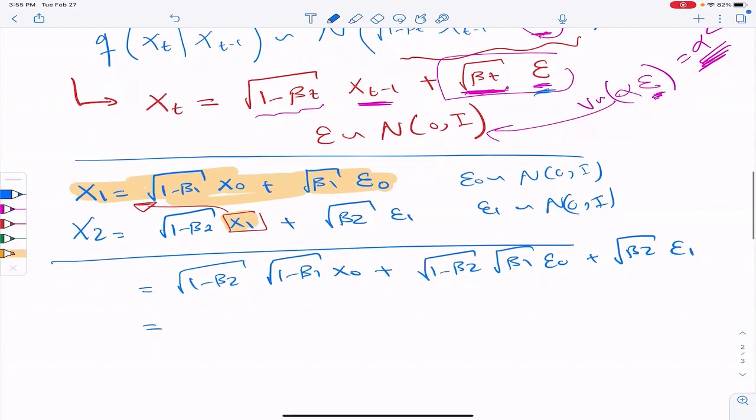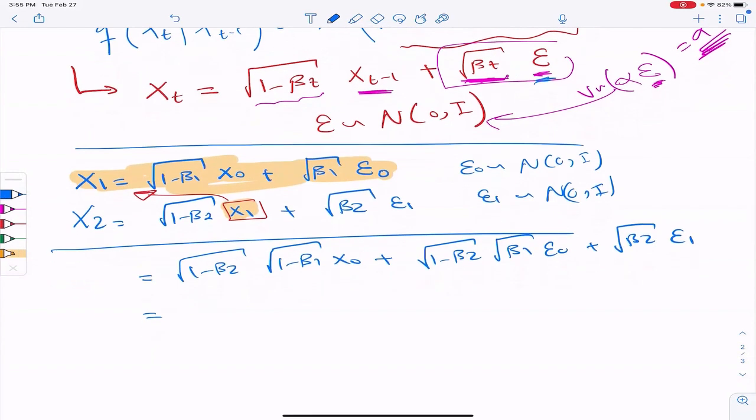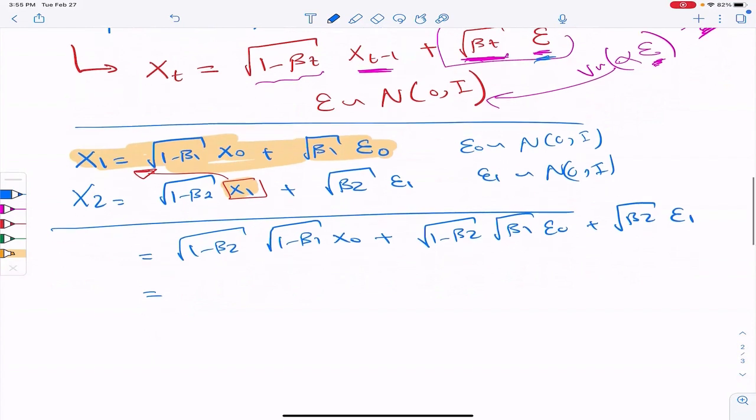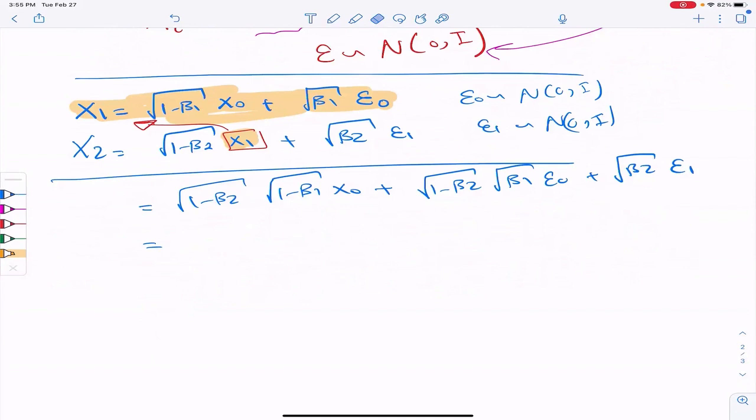Okay, so what do I have here? Let's make some definitions to simplify notation. I'm going to define 1 minus betas as alphas. 1 minus beta 1, I'm going to call alpha 1.